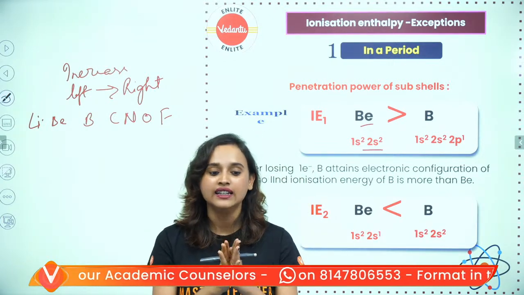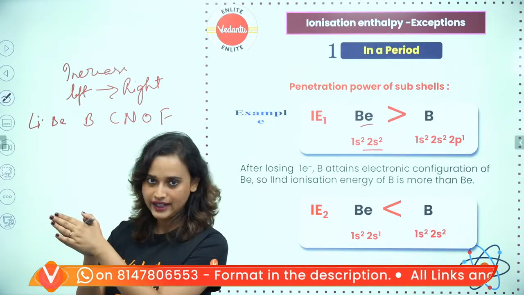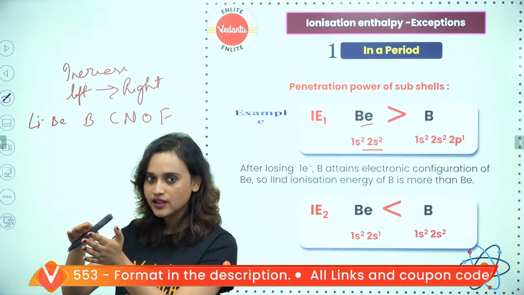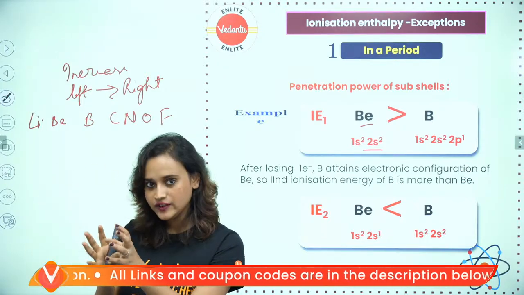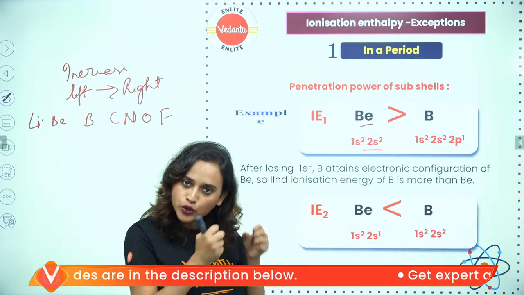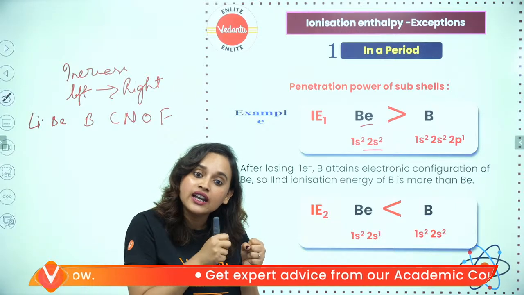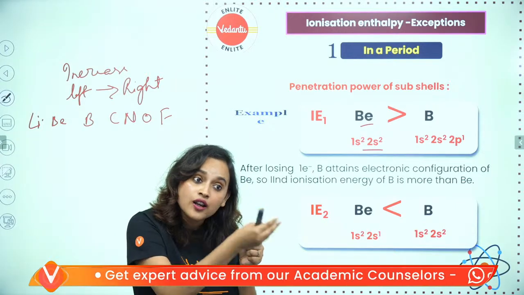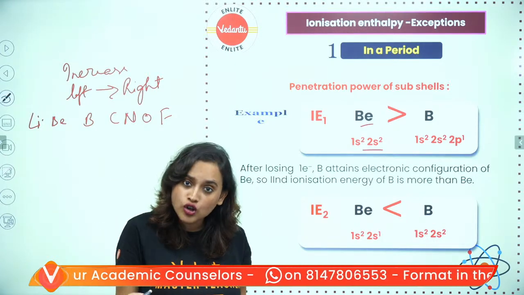See, effective nuclear charge increases, right? More protons, so more charge. Now, if the nucleus is able to pull the electrons closer, then don't you think that the ionization enthalpy, that is the energy required to pull one electron away, will also be more?